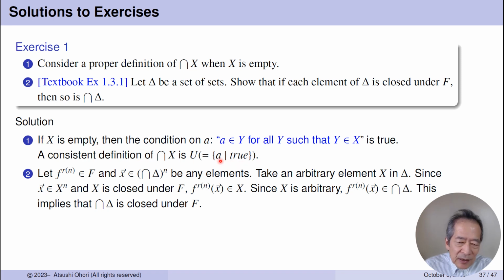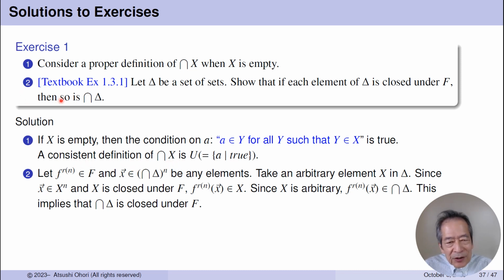So A has a condition that is true, no condition, right? So any A, right? So A is taken from the universal set. So this set is a set of all elements, the universal set. So this is one consistent definition of the big intersection of the empty set. And so this is the first question.